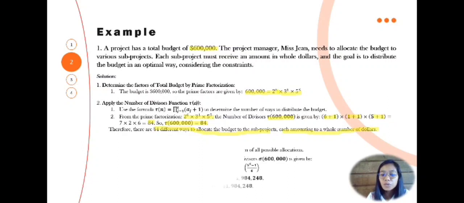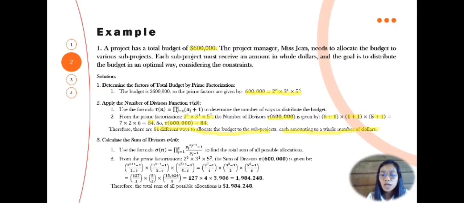After that, we will use the sum of divisors function to find the total sum of all possible allocations. Again, from the prime factorization that we have, the sum of divisors, sigma of 600,000, is given by using this formula over here.